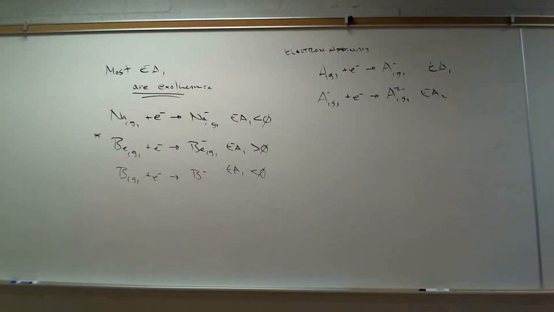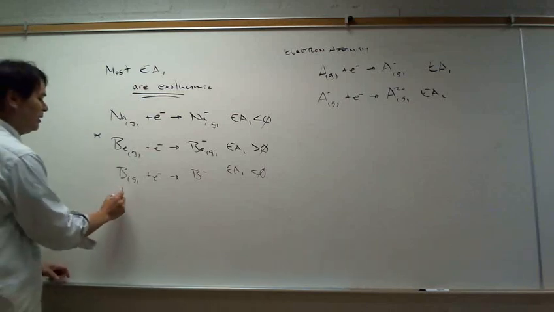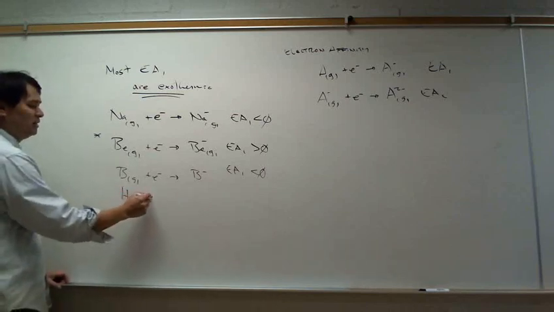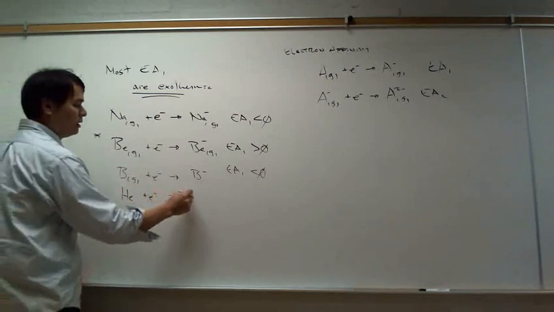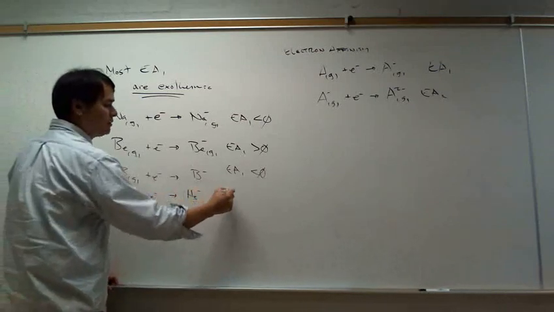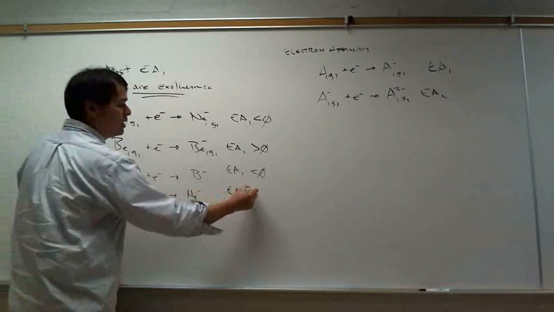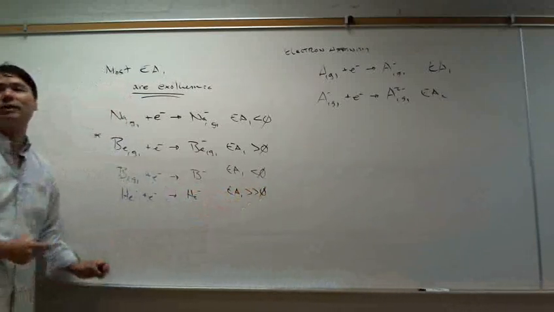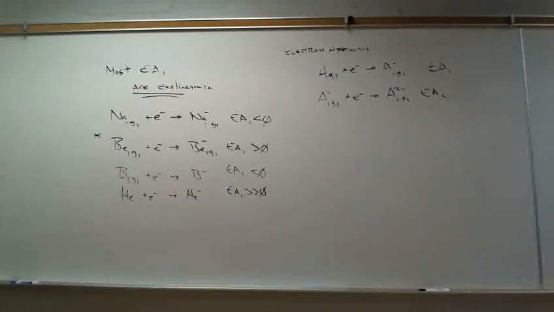Helium does not want an electron, because that electron would have to go in the next shell, and so EA1 is highly endothermic. Endothermic means we're going up in energy, it's becoming less stable. In fact, all the noble gases have low electron affinity.